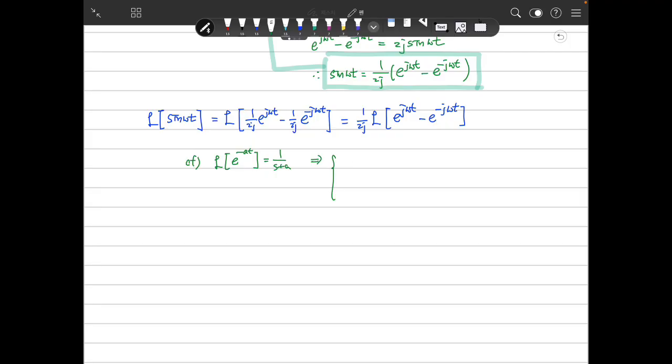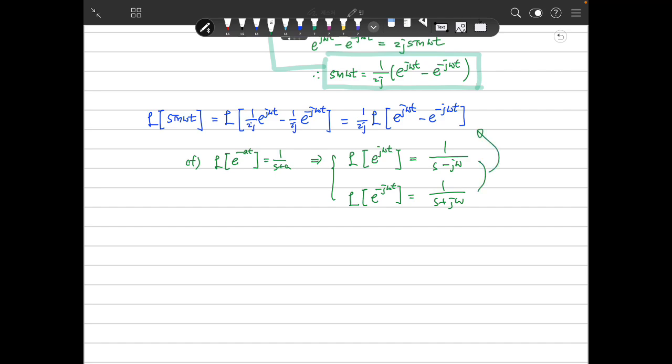Therefore, the Laplace of exponential j omega t, because minus a is plus j omega, will be 1 over s minus j omega. In the case of exponential minus j omega t, it will be 1 over s plus j omega.